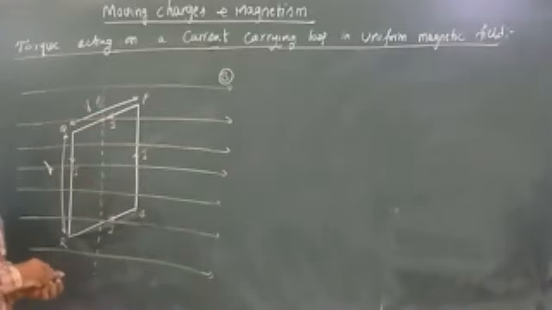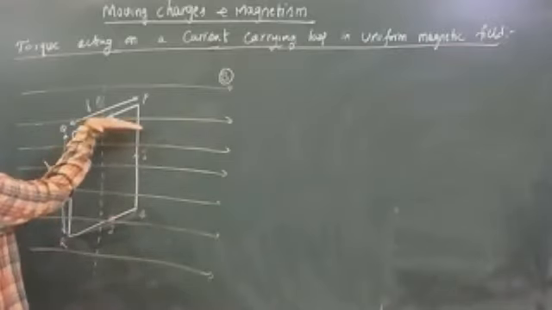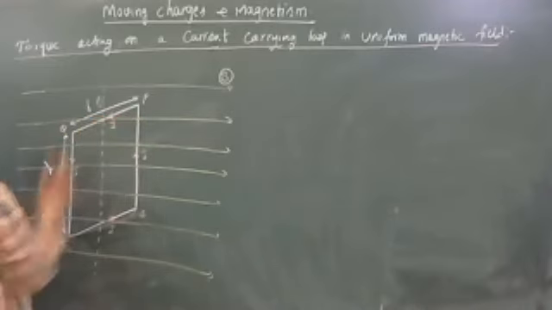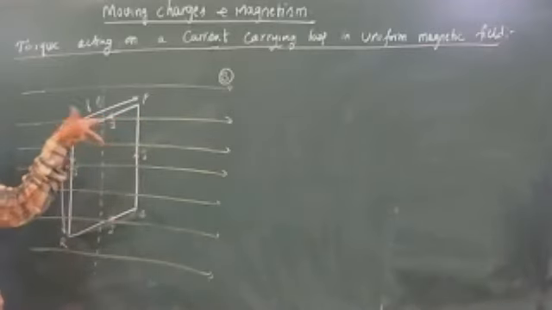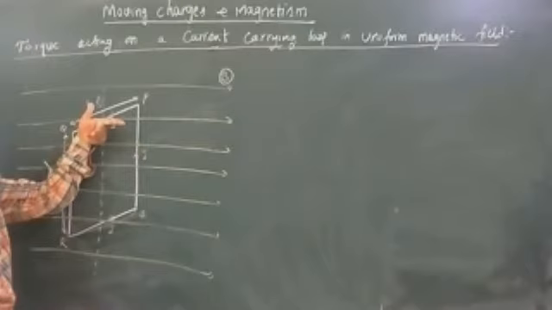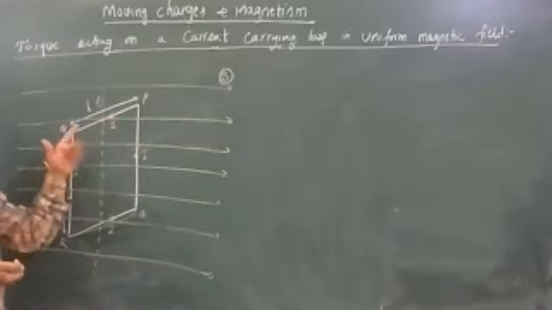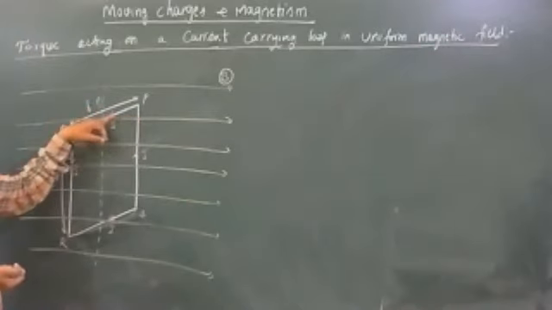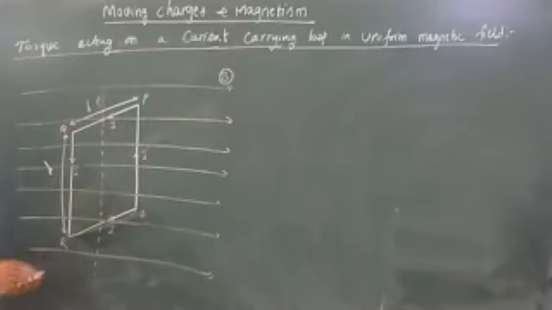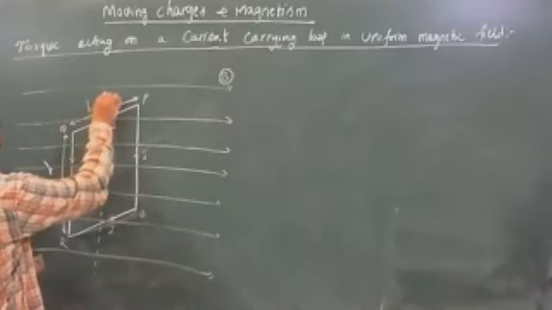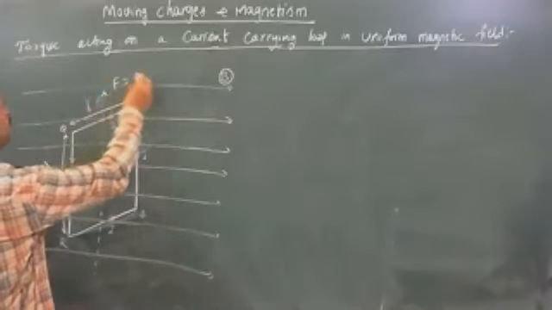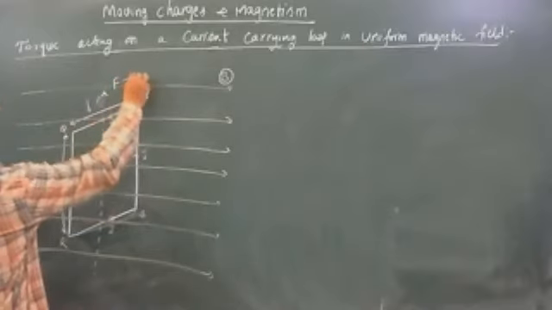See, this is the field. Or you can apply Ampere's rule. But current is flowing in this direction. It experiences a force which is perpendicular to both the field and the current, so that force acts in this direction.